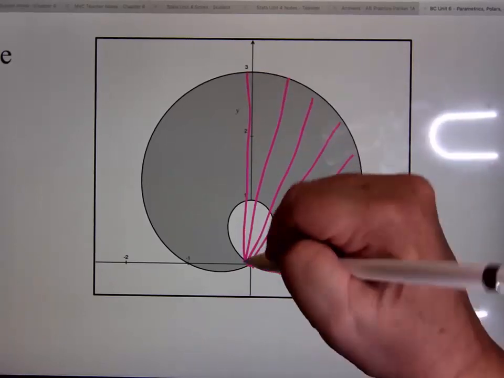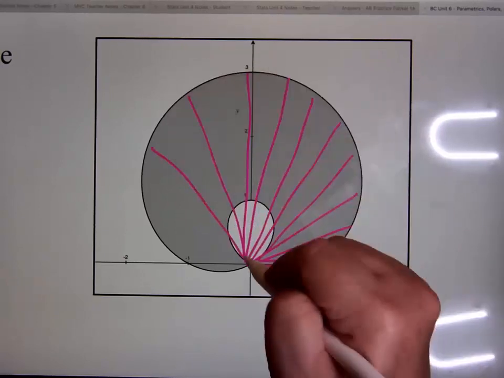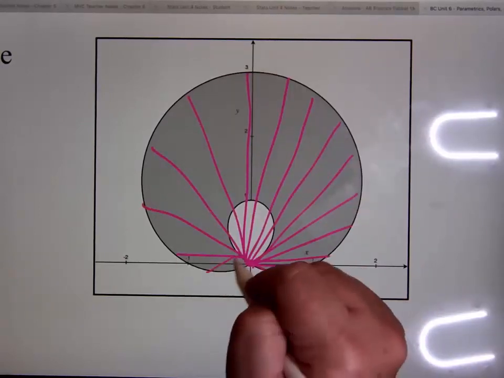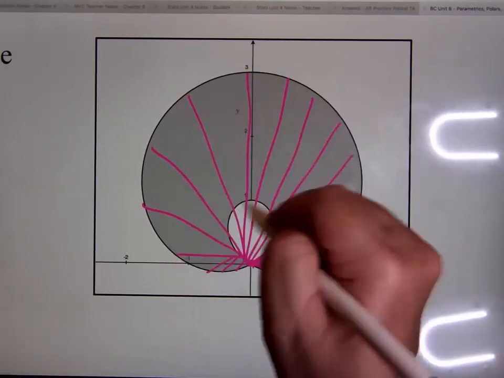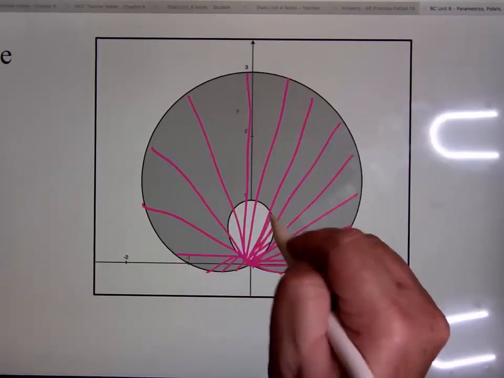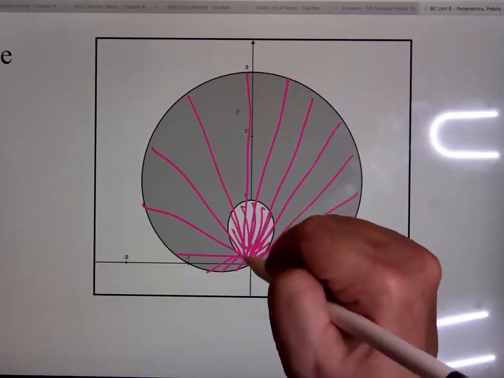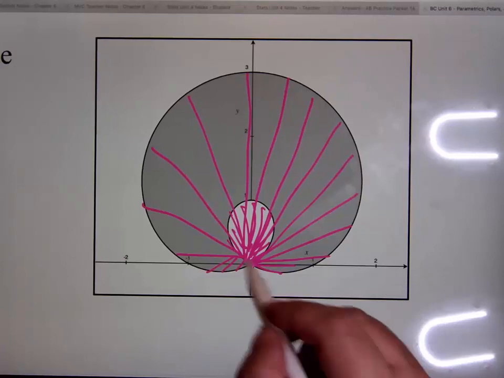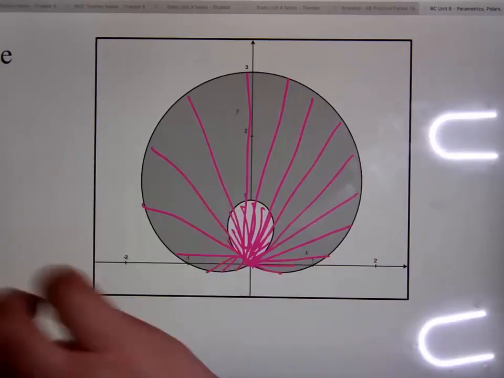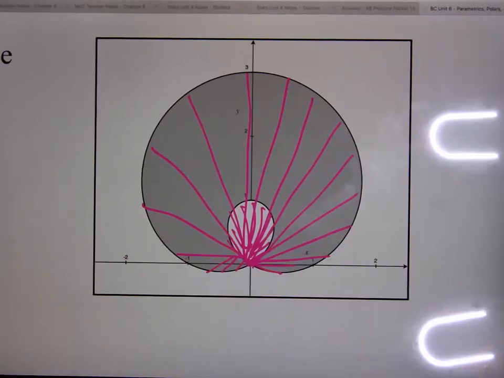Yes? Continue around. But then what does the graph do? It goes around and then it goes into the loop. So basically, the loop is going to get watered twice. Do you see that? So if you go around and water it like that, it's going to water the center twice. And the center is what I don't want the area of.